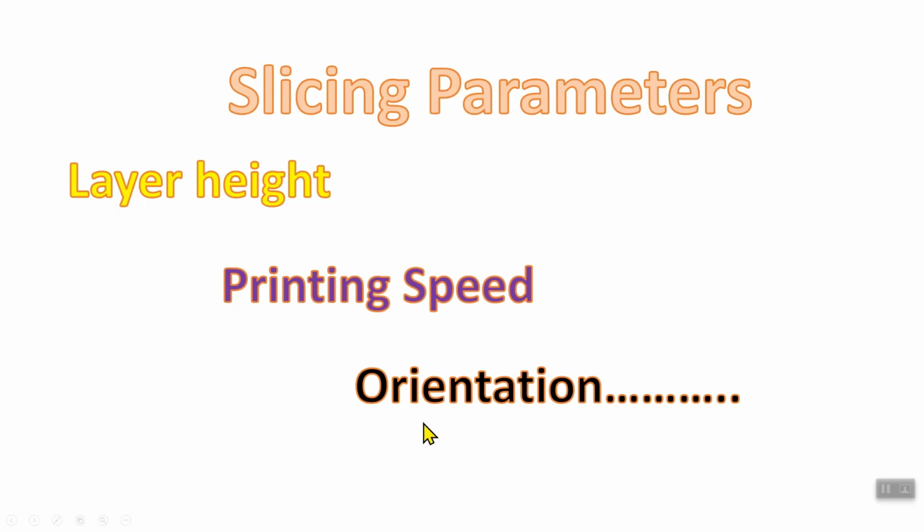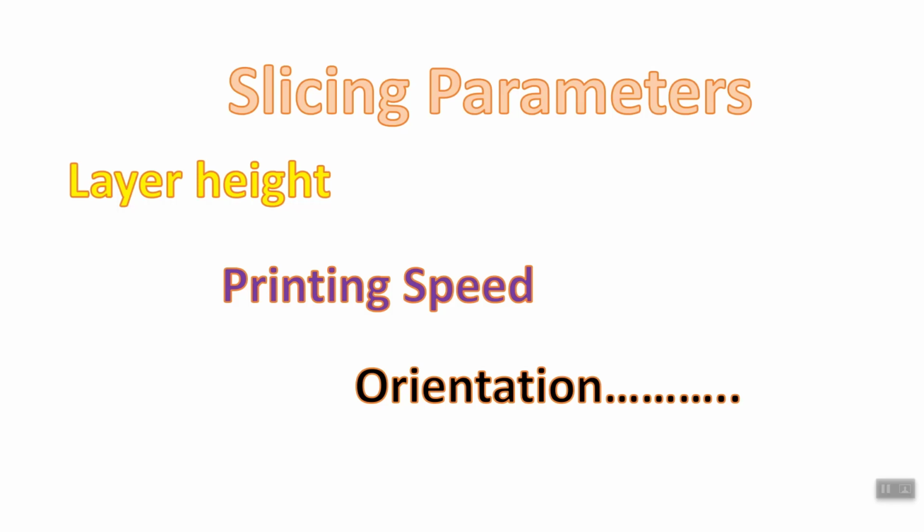And orientation: in which orientation we are going to build our model, or on the build platform at what angle we are placing it. Like this, there are many parameters. We will see these parameters in detail in future videos, but here I want to tell you that these slicing parameters play a crucial role in the fabrication of a 3D model.